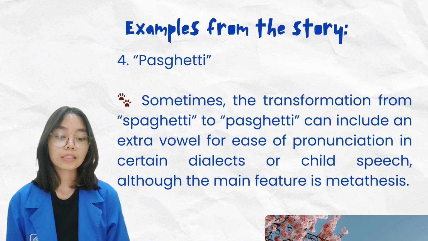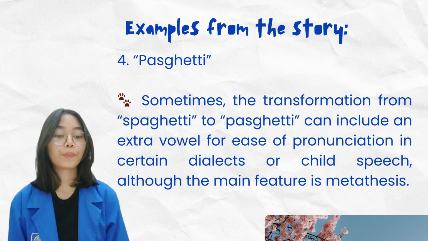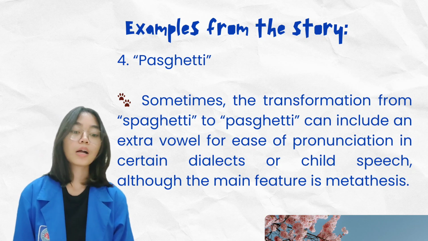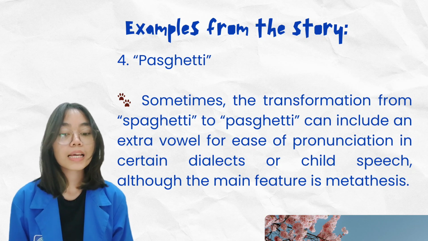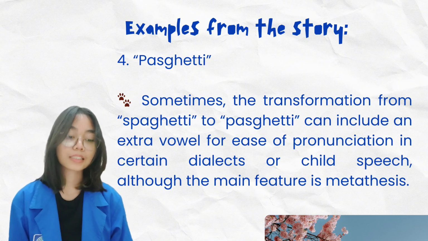Next, spaghetti. Sometimes the transformation from "spaghetti" to "pasghetti" can include an extra vowel for ease of pronunciation in certain dialects or child speech, although the main feature is metathesis.